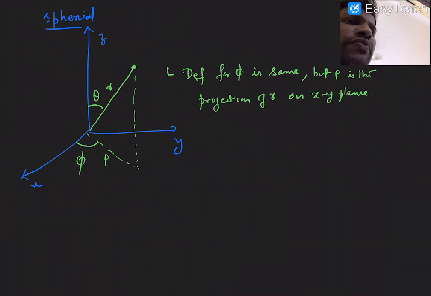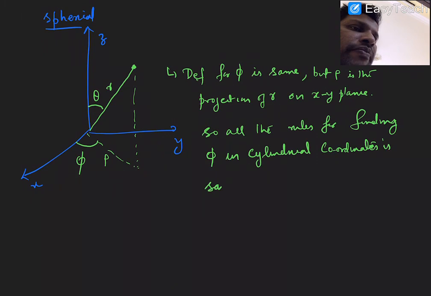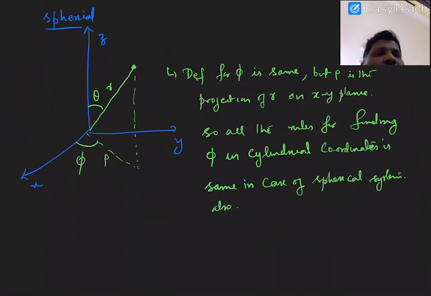So all the rules for finding phi that I have explained previously, phi in cylindrical coordinates, is same in case of spherical coordinate system also. So that is same.